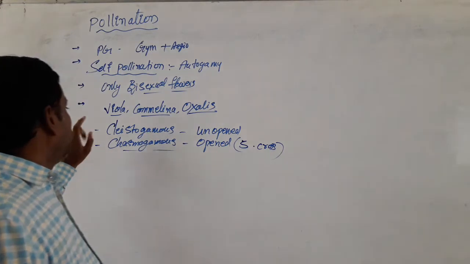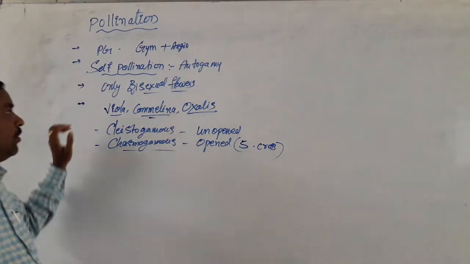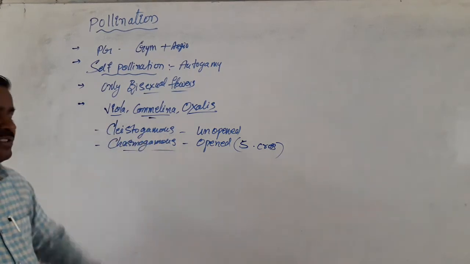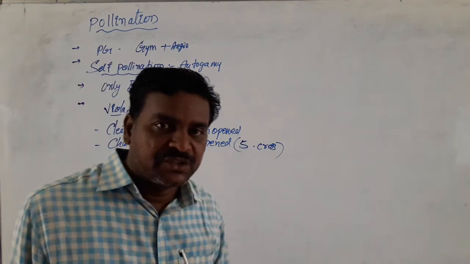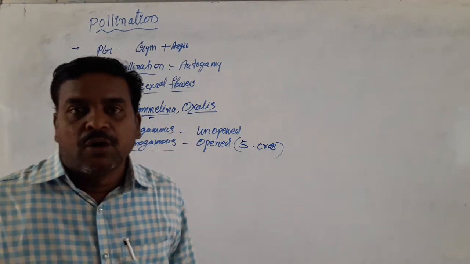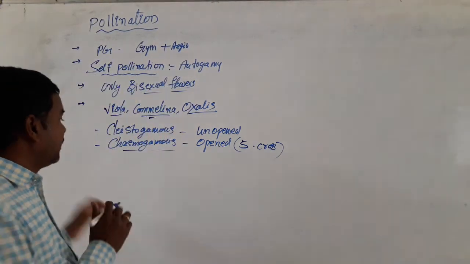So, in case of commelina, these clistogamous flowers are underground and chasmogamous flowers are aerial. So, underground unopened flowers and opened aerial flowers in case of Commelina bengalensis.